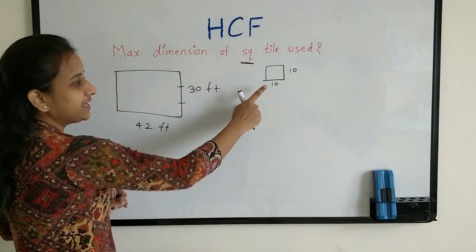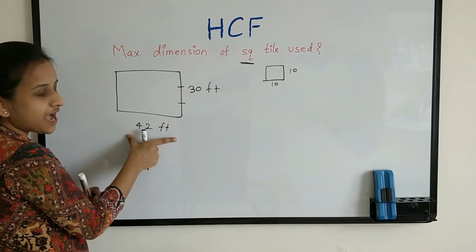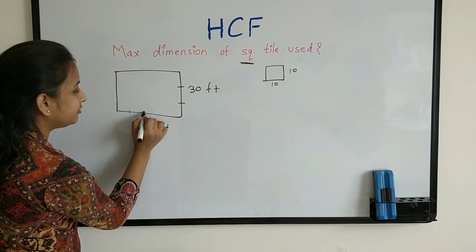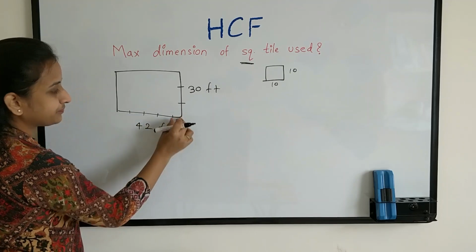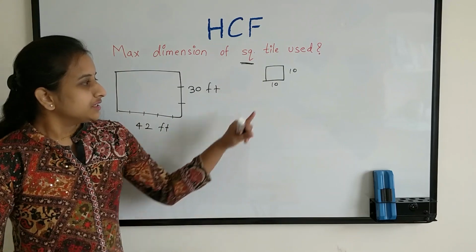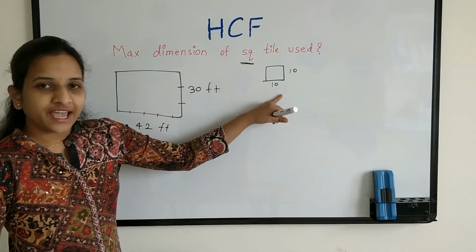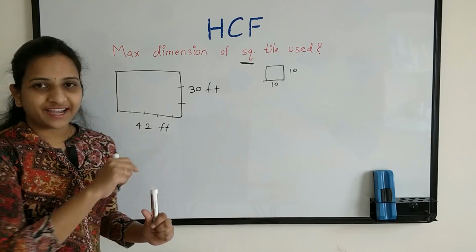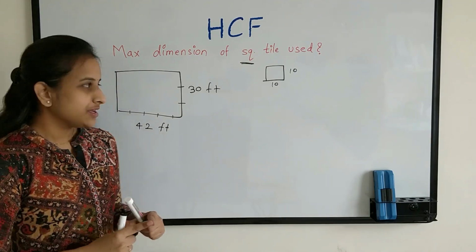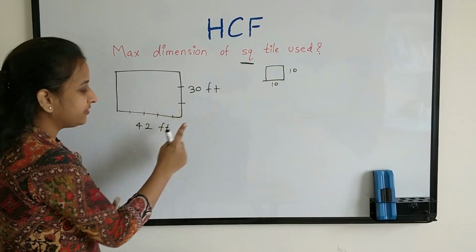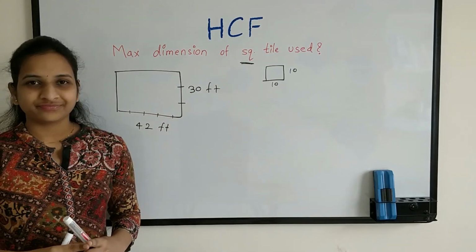Now let's check whether this is suitable for the other side, 42 feet. 10, 20, 30, 40. So 2 feet of space is left here. A 10 feet by 10 feet tile is not suitable for the 42 feet side. Why is that so? Because 10 is a factor of 30 but it is not a factor of 42.